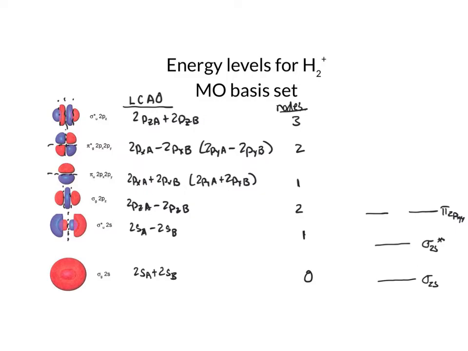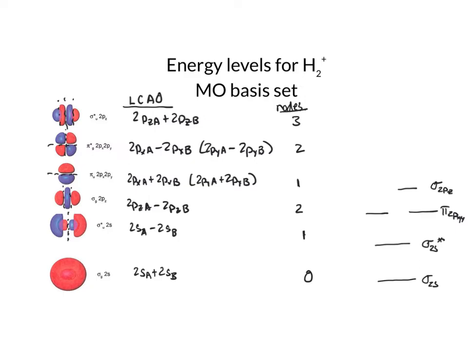And so then our next one should either be the pi antibonding or sigma bonding. And it turns out that the bonding is always lower in energy than the antibonding. And so this sigma bonding made from the pz orbitals is next.